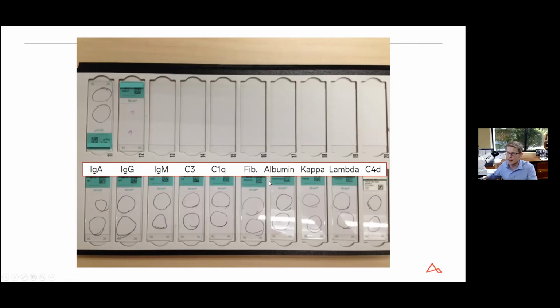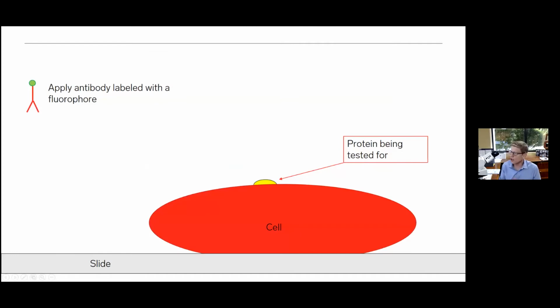That's the routine panel. I'm going to use a cartoon to briefly explain what's happening when we perform immunofluorescence microscopy. We're using these antibodies, and I've drawn a little picture of one up here in the top left. These antibodies have a fluorophore attached to them. This fluorophore will re-emit light that we can observe on a microscope. So it's a signal for us to look for. When we apply an antibody, these antibodies are intended to specifically bind to only certain proteins.